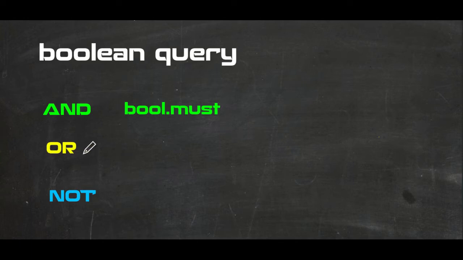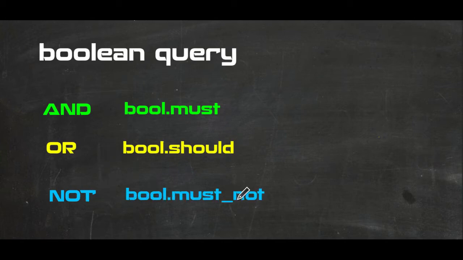Similarly, for OR, we need to write bool.should. This should is also a JSON array inside which we write all the leaf queries which we want to combine by using the OR operator. And similarly, for NOT, we need to write bool.must_not. This is also a JSON array.